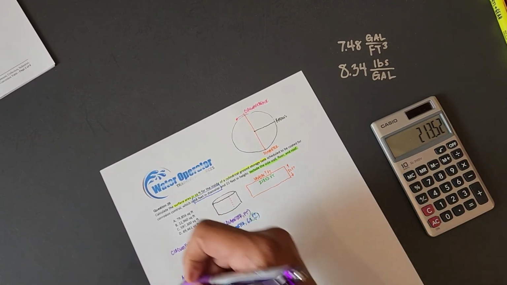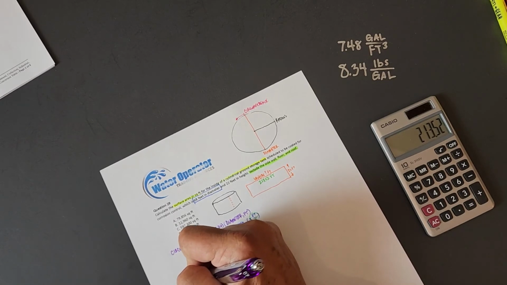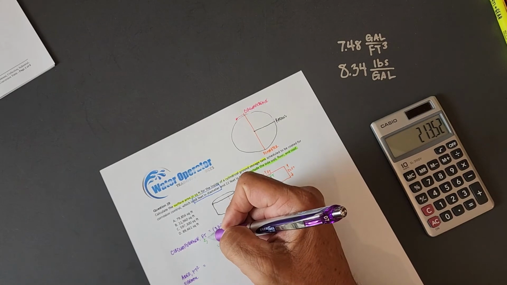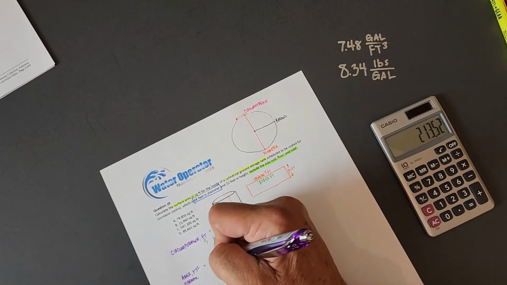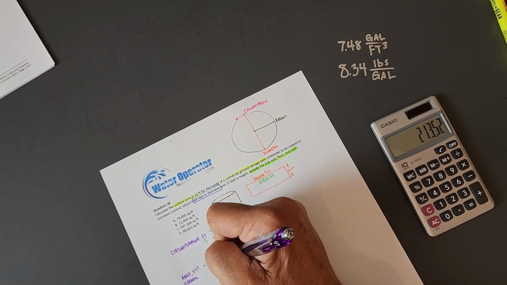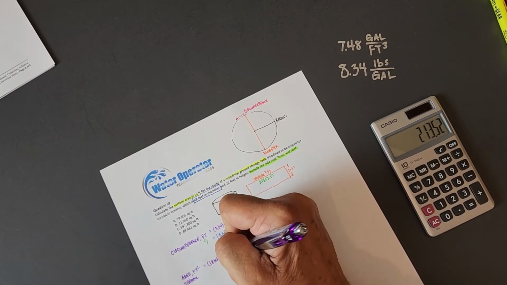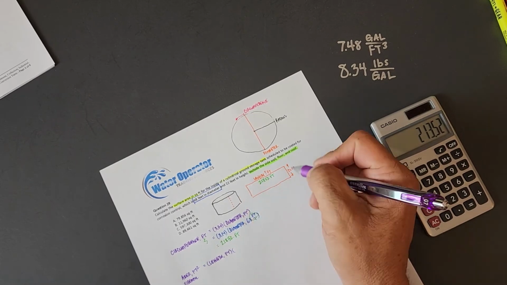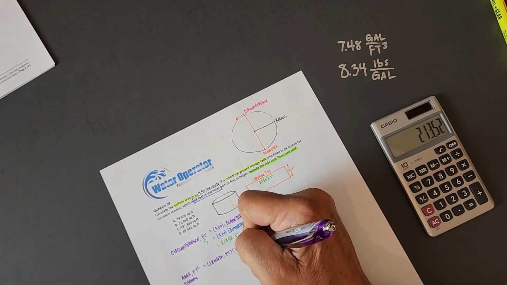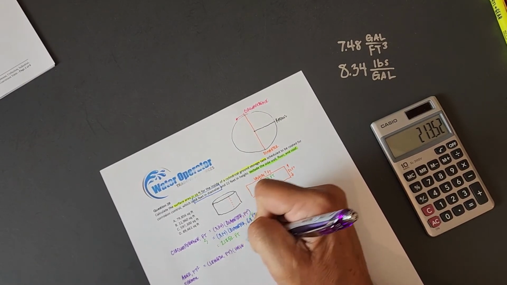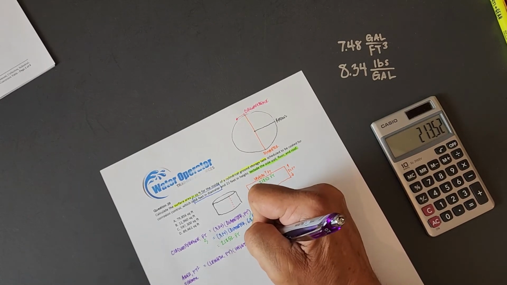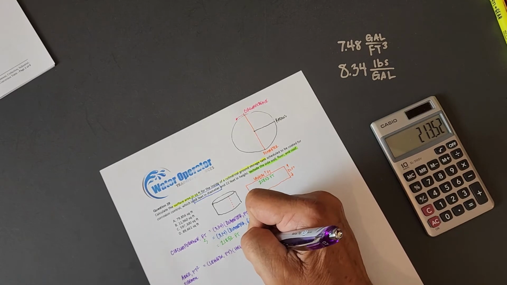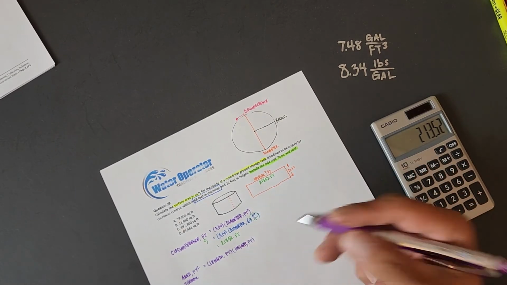And we'll just call it sidewall equals the length in feet multiplied by the height in feet.